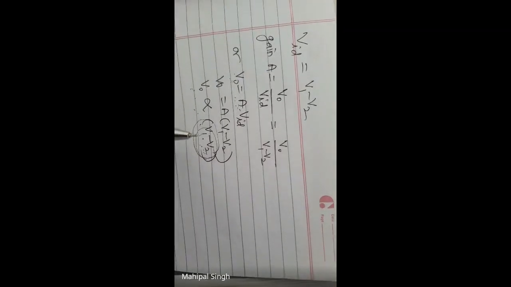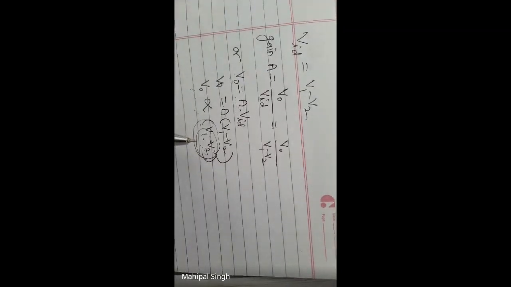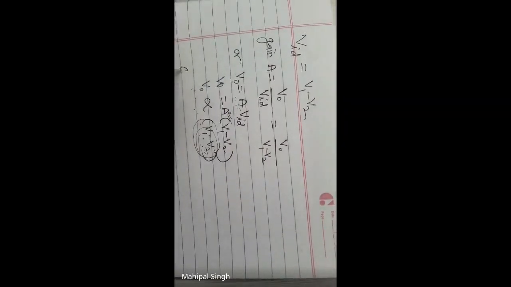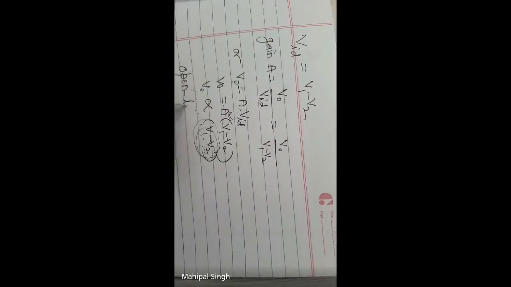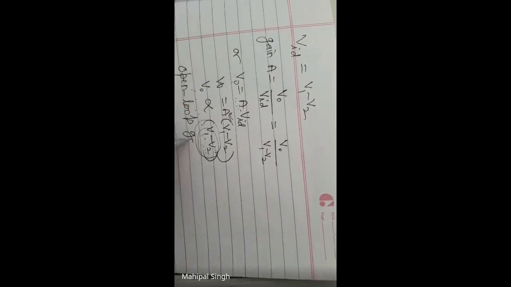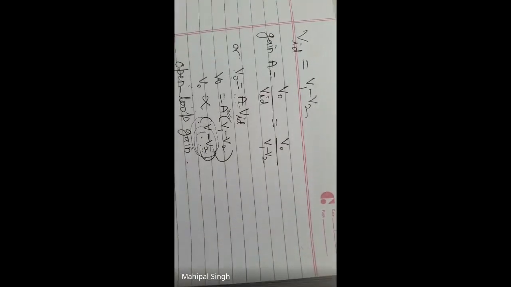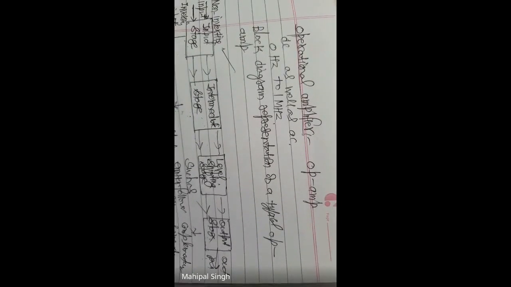We can conclude the fifth point: this gain A is called the open loop gain of the operational amplifier, because there is an open loop between input and output. You will see the diagram. There is an open loop between input and output. That's why open loop gain.